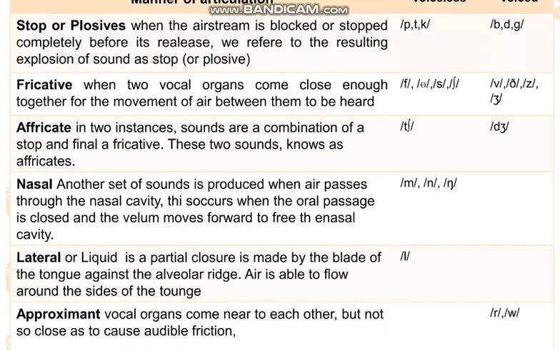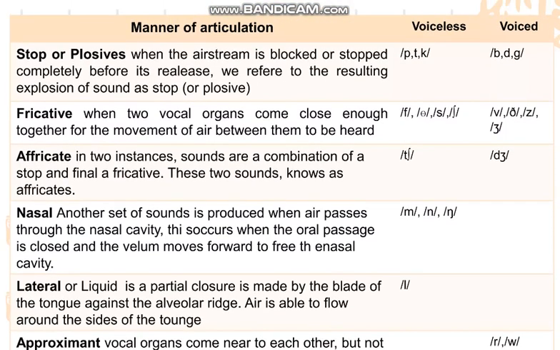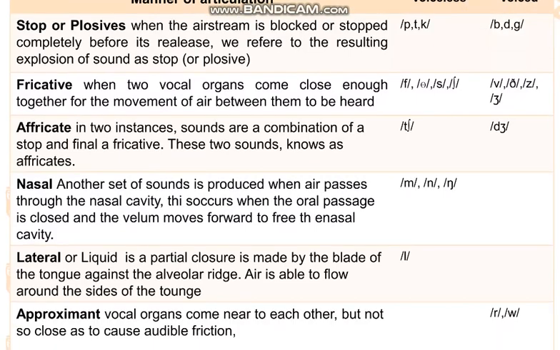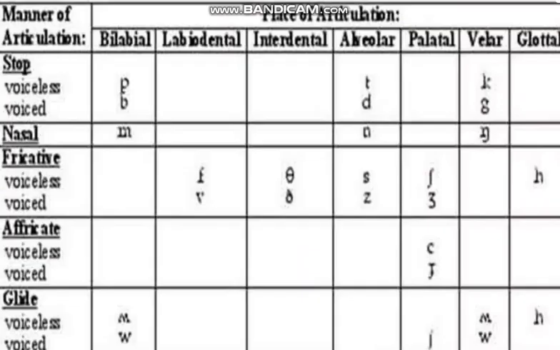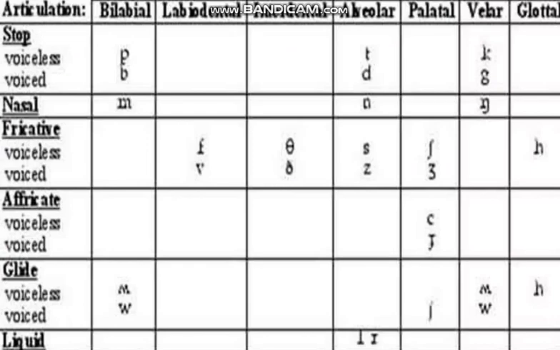So it shows the difference between the voiceless and the voiced. This is the table which shows the manner of articulation as well as the place of articulation of specific sounds across the bilabial, labiodental, interdental, alveolar, palatal, and glottal regions.